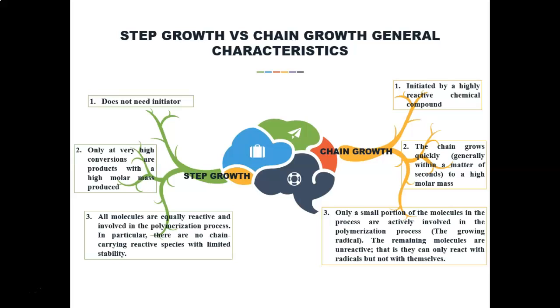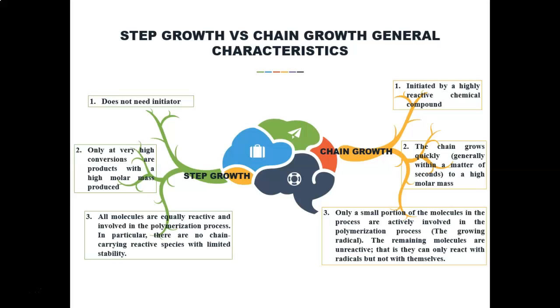Okay, for step growth, only at very high conversion are products with a high molar mass produced, while in chain growth, the chain grows quickly, generally within a matter of seconds, to a higher molar mass.